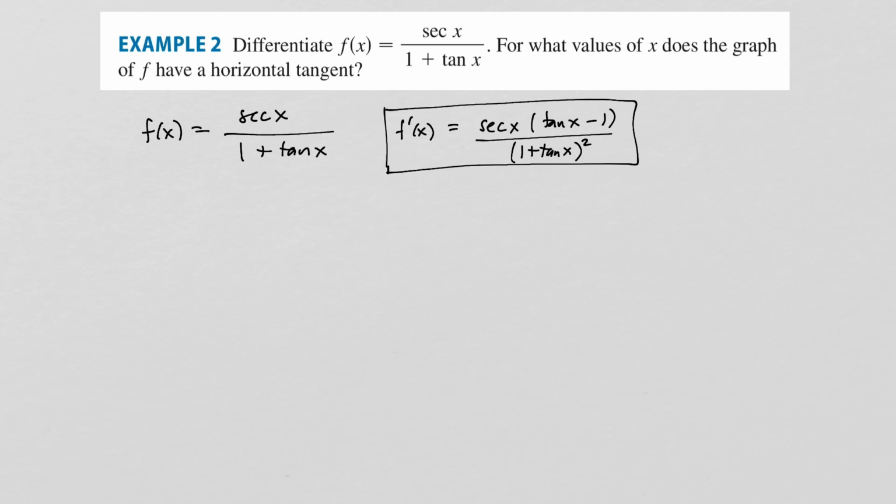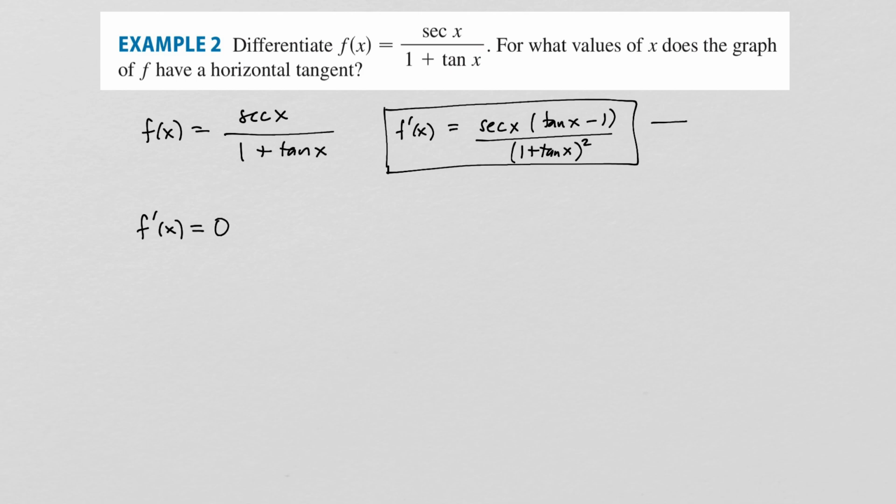So now let's answer the second part of the question. For what values of x does the graph of f have a horizontal tangent? Remember, a horizontal tangent to the graph of f of x means that the derivative of f of x has to be 0.